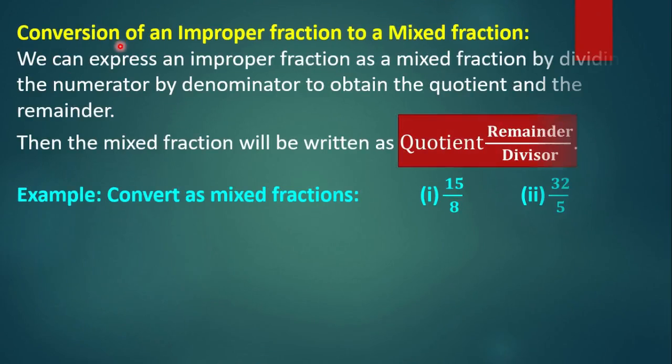Now, conversion of an improper fraction to a mixed fraction. How to convert an improper fraction to a mixed fraction? We can express an improper fraction as a mixed fraction by dividing the numerator by the denominator to obtain the quotient and the remainder.